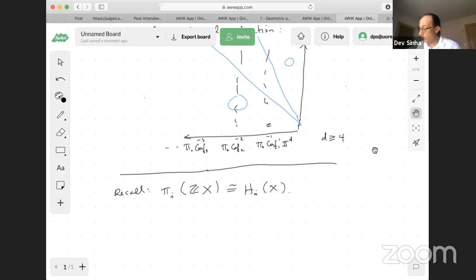So one thing one can do, so we have this embedding space. This is the Dold-Thom theorem, by the way, basically, plus a bit of a group completion. We have that the embedding space maps to this homotopy limit of configuration spaces, right? And this is a good approximation.